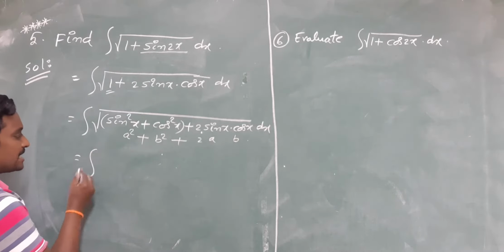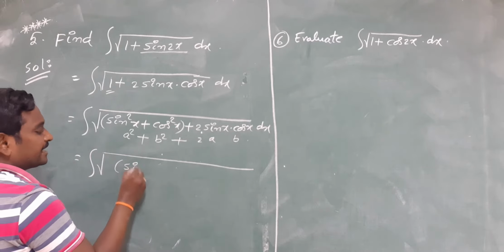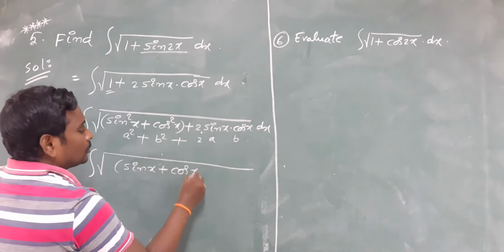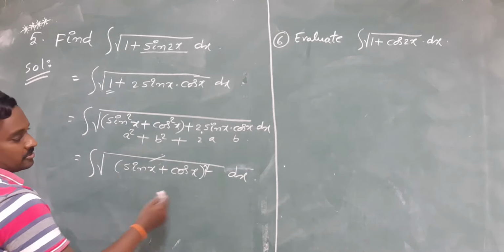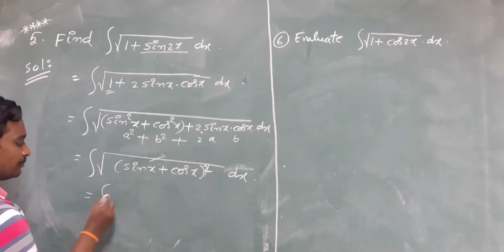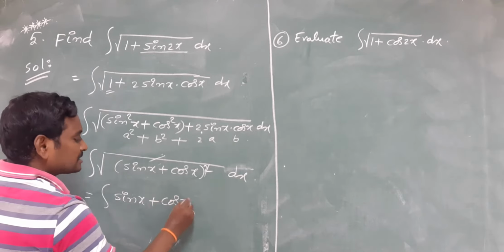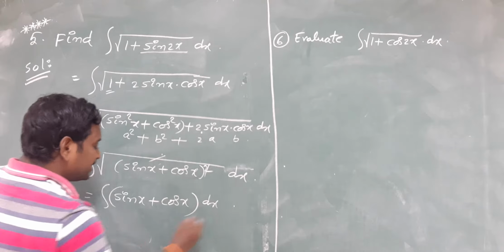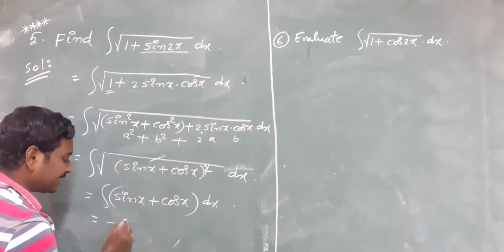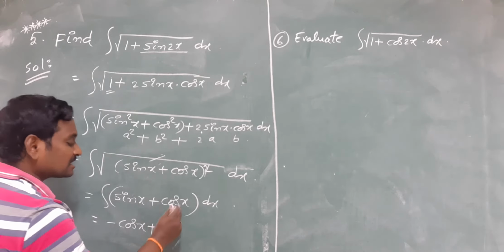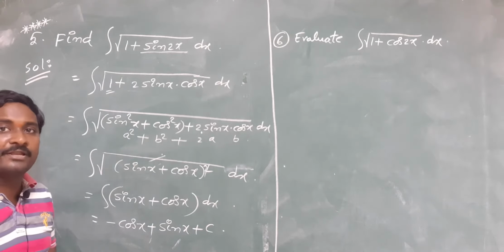That's why it can be written as integration of root over a plus b whole square, so sin x plus cos x whole square dx. The square and root get cancelled. Simply we have integration of sin x plus cos x dx. Directly you can write the integrations now. What is integral sin x dx? Integration of sin x is minus cos x plus integration of cos x is sin x plus c. In this way we can complete the problem.